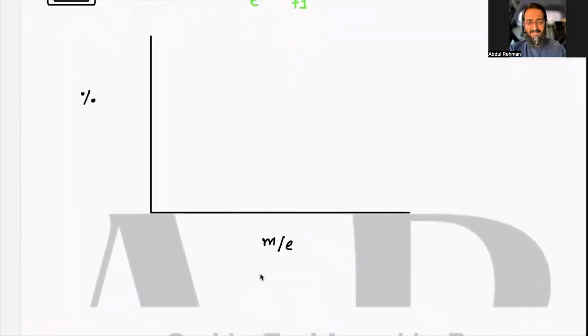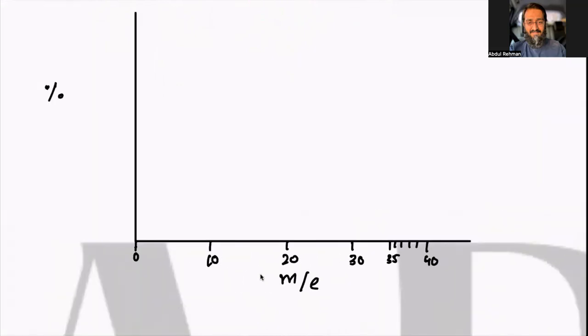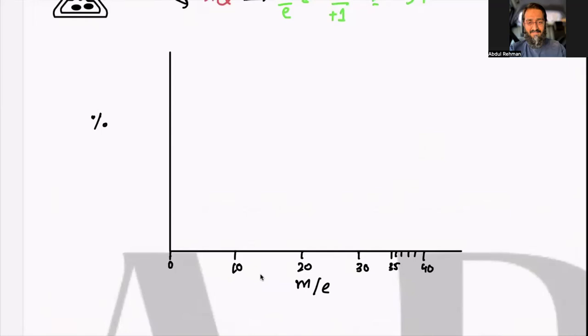So if we have analyzed the chlorine, what we are going to get, for example, is 0, 10, 20, 30, 40. So it means 35 is supposedly over here. Then we have 36, 37, 38, 39. And this is 35 and 37, right? So we are going to get two signals. One is at 35 and the other one is at 37.